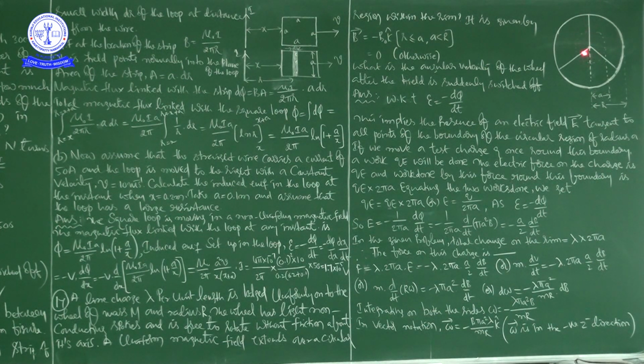Now, if we move a test charge q once around this boundary, a work will be done. The electric force on the charge is qE, and the work done by this force round this boundary is qE into 2 pi a. Equating the two works done.